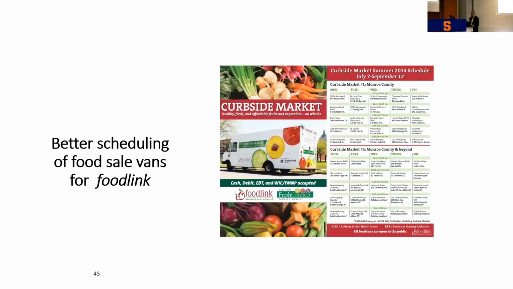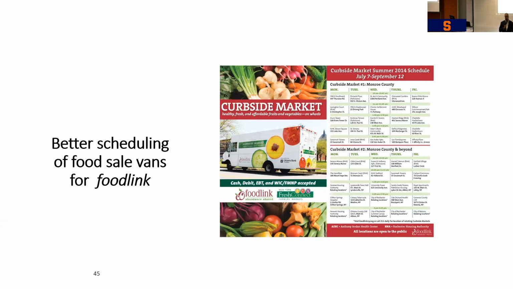Next example of doing something very similar, and what I mean here, taking data from a variety of sources to come up with actionable intelligence, is this example of FoodLink. So FoodLink is an organization that collects surplus food from restaurants, grocery stores, farmers, and then gives them at an almost zero price or very low price, pardon me, to people who don't have enough food.